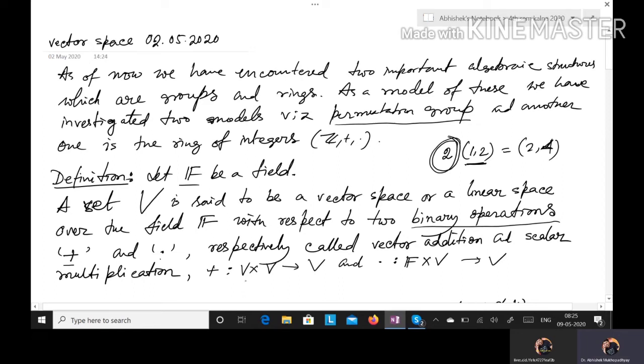That is, if we take two elements u and v from V, then (u, v) goes to u plus v. And if we consider a member alpha from the field F and a member v from V, then (alpha, v) goes to alpha v. So these are the maps.